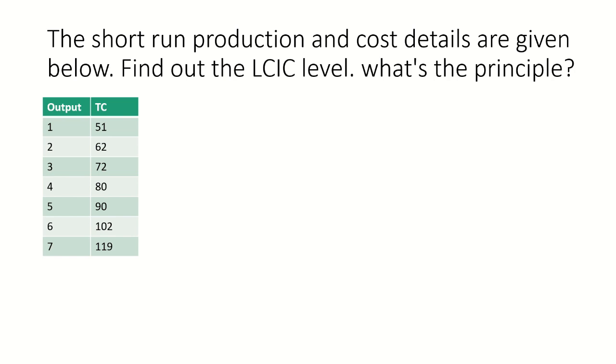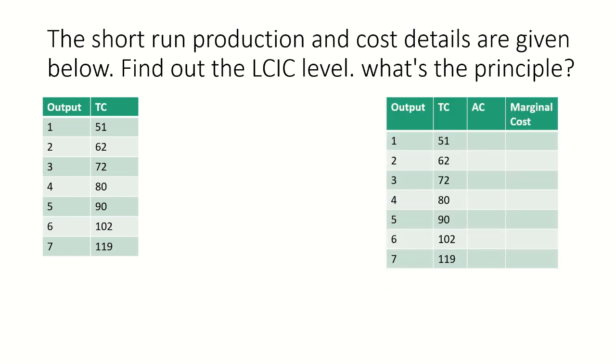Actually, we can find it very easily. For finding it, we need another table, that is we want to find out the AC and MC. You know how to find out the AC and MC. This is also your assignment, that you want to find out the LCIC level, and comment the answer.